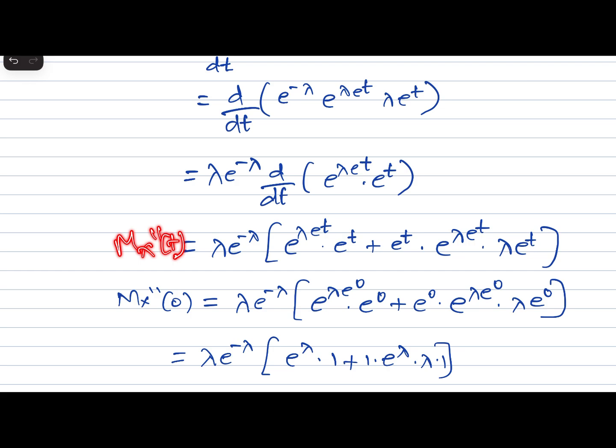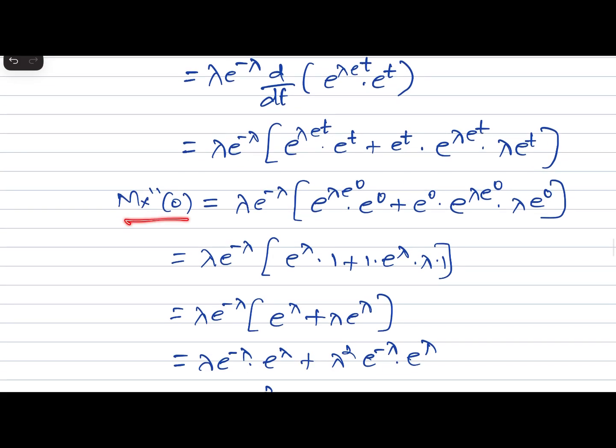So when you put t as 0, that will give you the mean square. Wherever t is there, you put 0. So what will happen here is, you can see MX double dash of 0 is lambda e power minus lambda into e to the power lambda e power 0 into e power 0 plus e power 0 into e to the power lambda e power 0 into lambda e power 0.